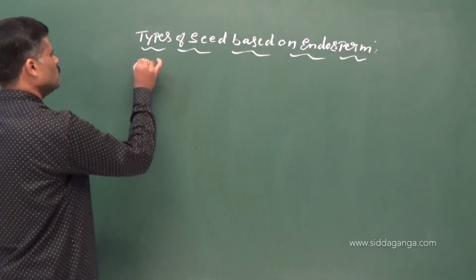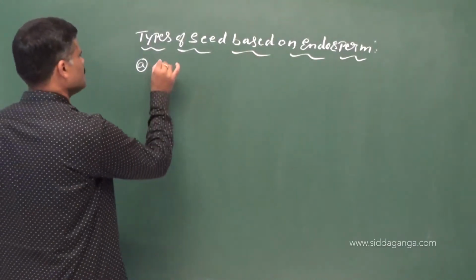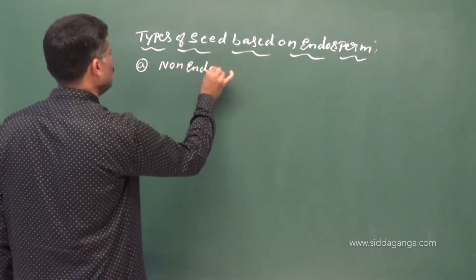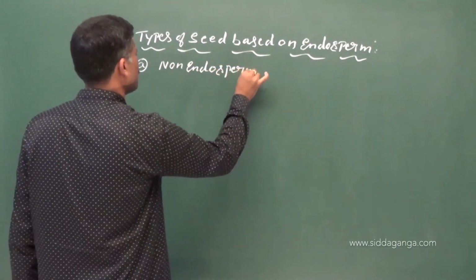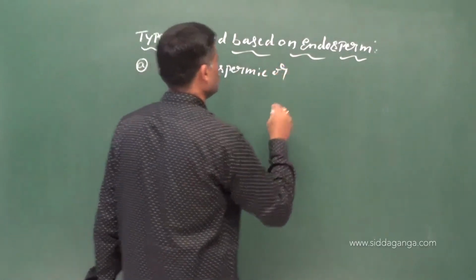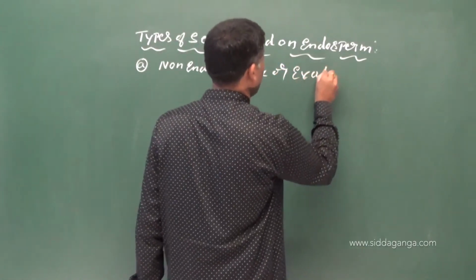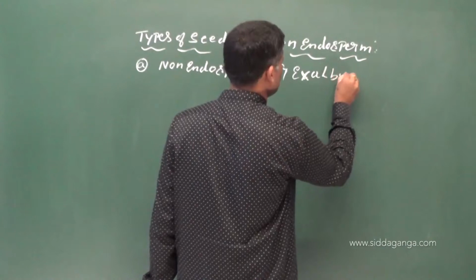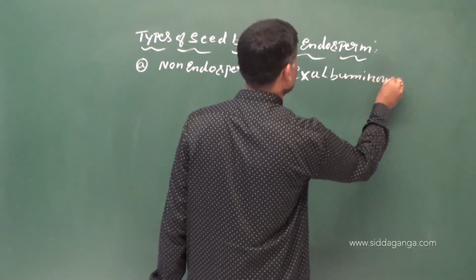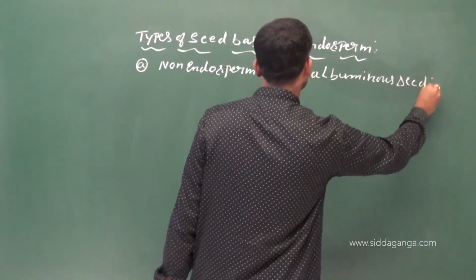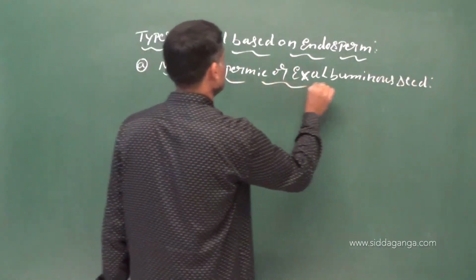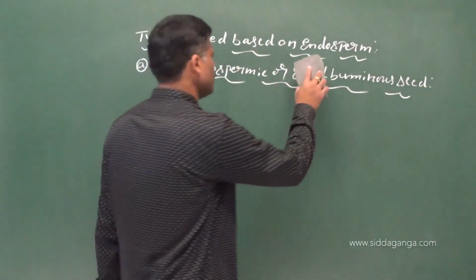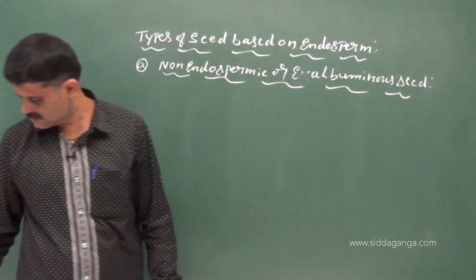So there are two types of seed, that is non-endospermic or ex-albuminous seed. Based on presence and absence of endosperm, there are two types of seeds.